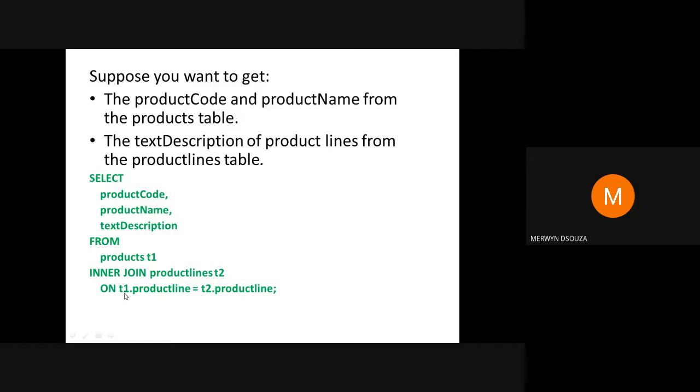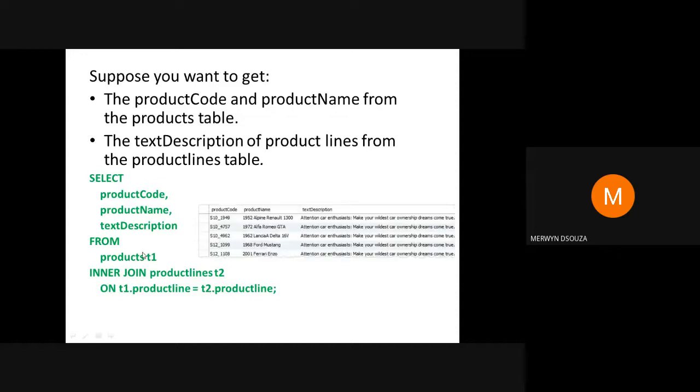In the condition for the join, we mention the common column. So I say T1.productLine = T2.productLine. Wherever there's a match for this join condition, all those rows will be displayed containing these three columns from both the tables. So your output will look something like this.